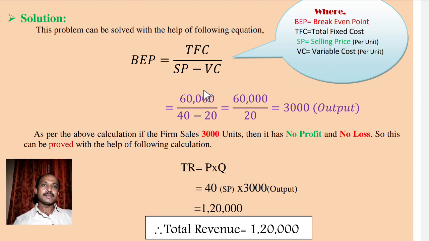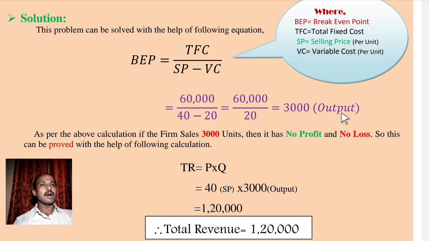Let's substitute the data into the equation. TFC is 60,000, SP is 40 rupees per unit, and VC is 20 rupees per unit. So 60,000 divided by 40 minus 20, which is 20, equals 3,000.